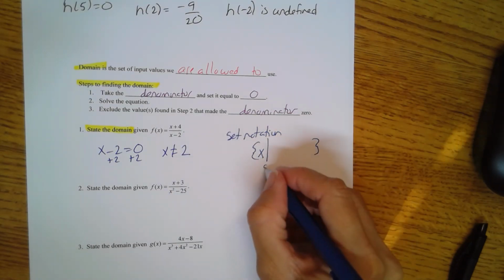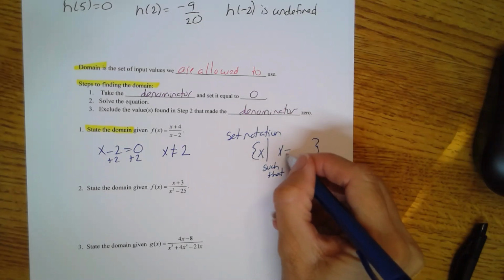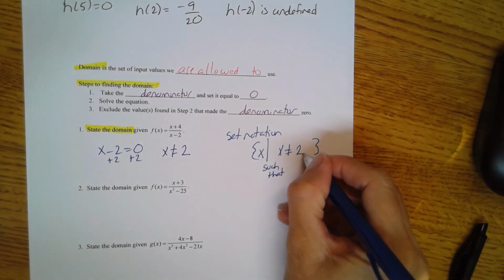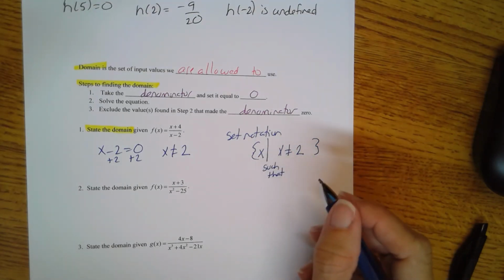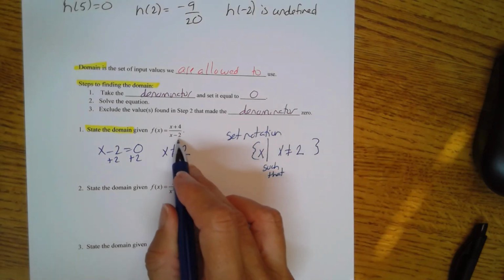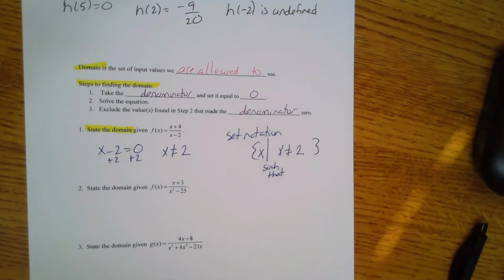Draw your line down. Your line down means such that, and then x cannot equal 2. So all the numbers but x cannot be 2. That's what your domain is. So you can use every other x value, negatives, decimals, fractions, 0, everything. You just can't use 2.